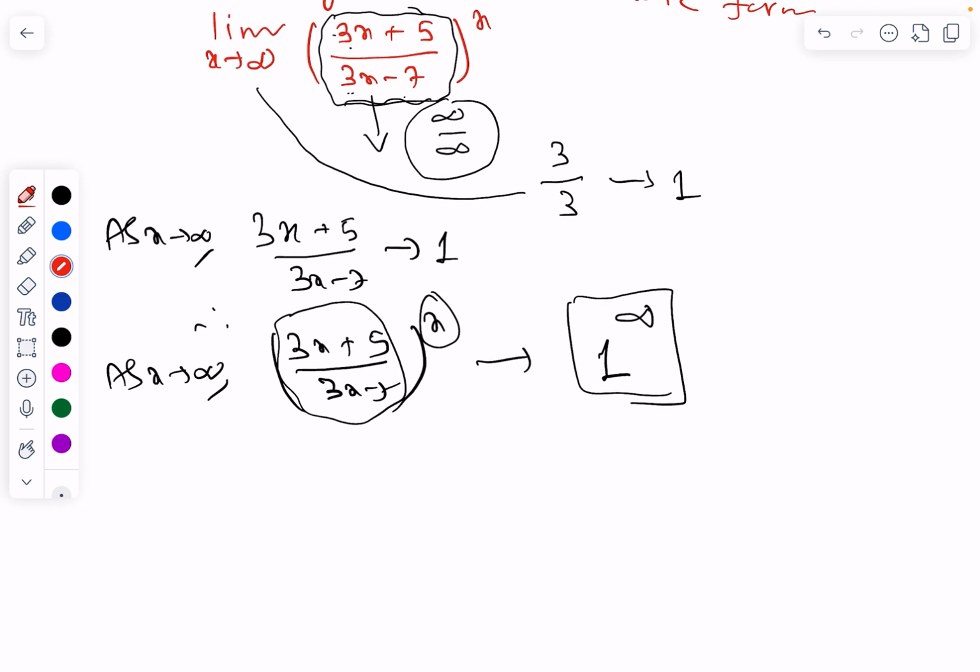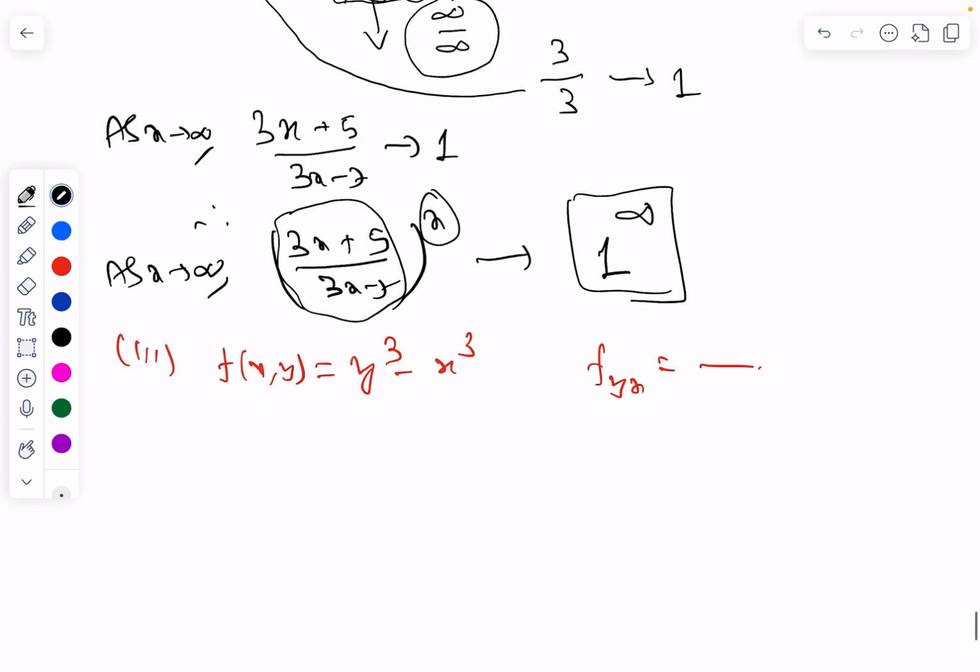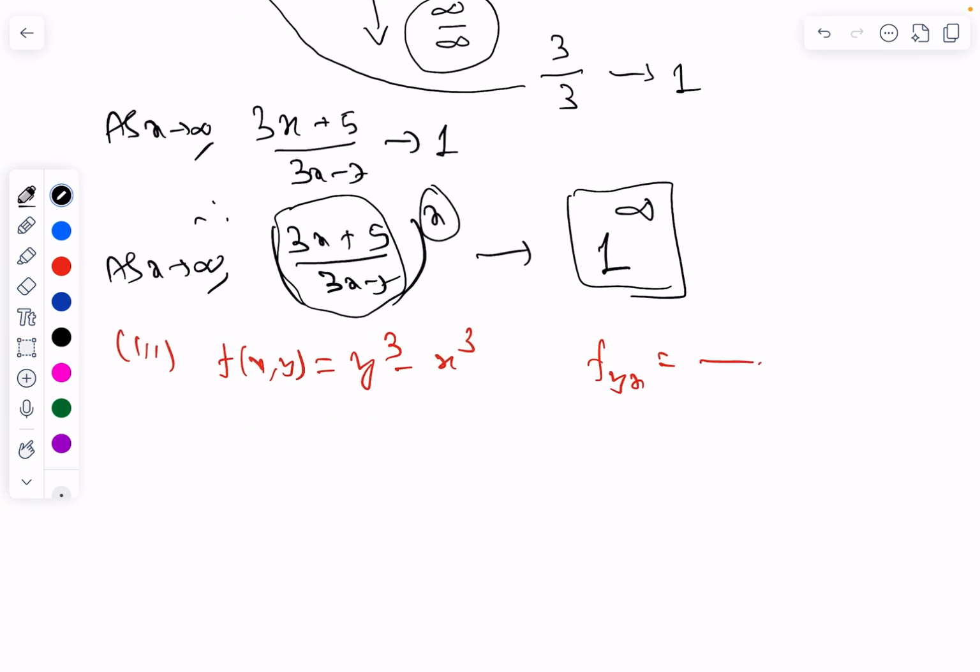Third, if fxy equal to y cube minus x cube, then fyx is blank. So the derivative with respect to y is 3y square.